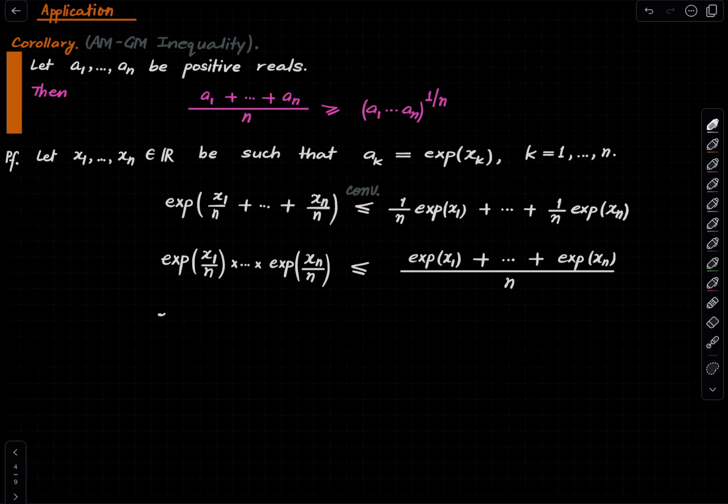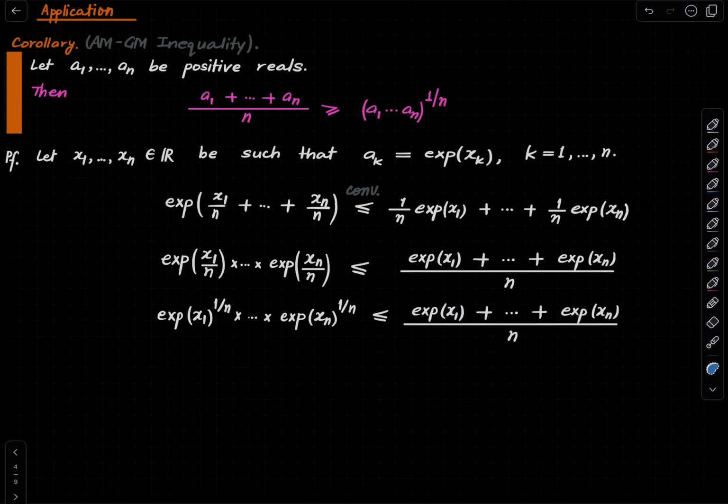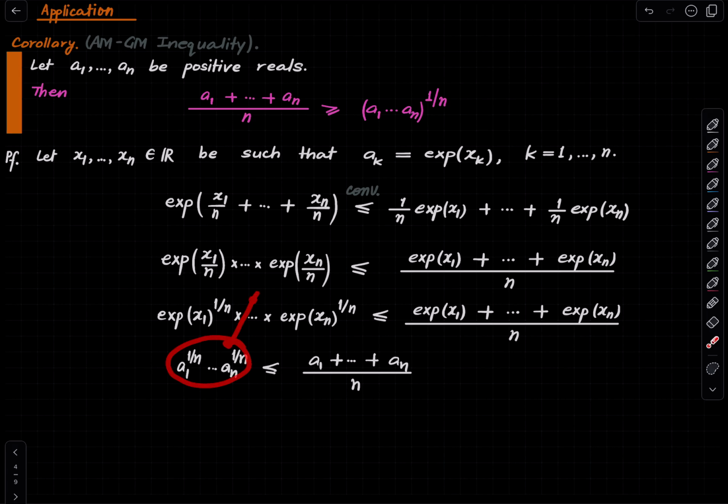So the left side becomes that, and the right side stays as it was. Okay, and now just use the fact that this is a1 up to this is an, and that's it. So that gives a1 to the power 1 by n times an to the power 1 by n is at most the average. Great. This is the same as that thing, and that finishes the proof.